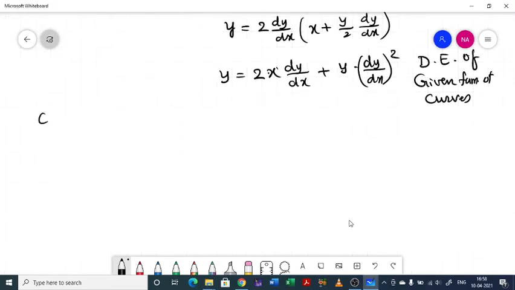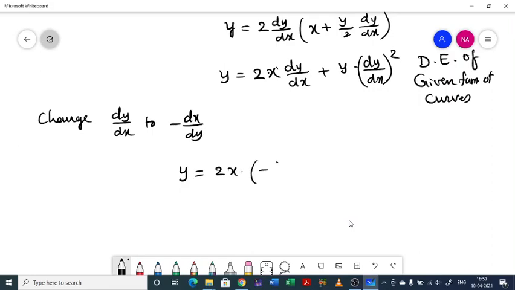Now change dy by dx to minus dx by dy. If you change dy by dx to minus dx by dy, then you will be getting y equal to 2x into minus dx by dy plus y into minus dx by dy whole square.